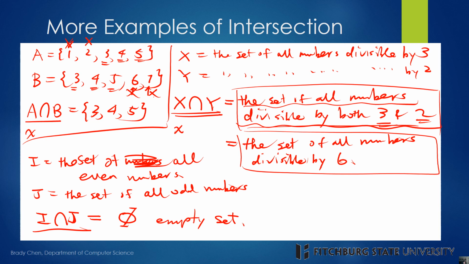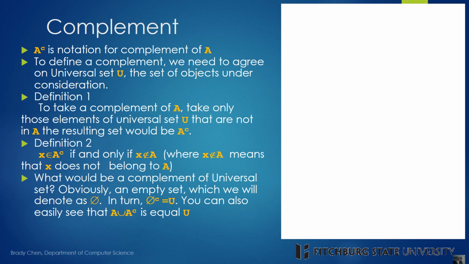Okay. Now complement is another operation. We use the notation A to the C to represent the complement of A. Now we can define the complement in two different ways.